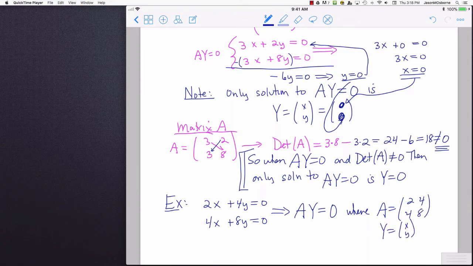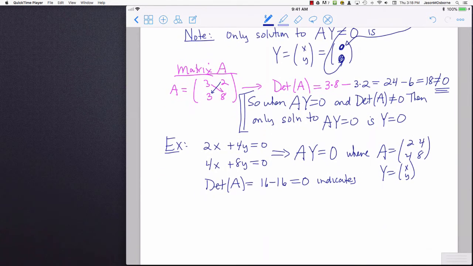Notice that the determinant of this matrix A is 16 minus 16, which is equal to 0. The fact that the determinant is equal to 0 indicates that there will be non-zero solutions to AY equal to 0.